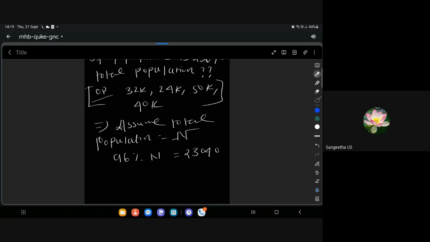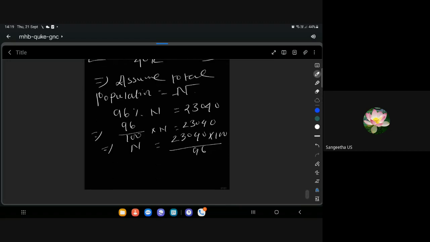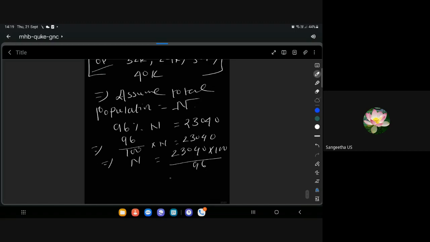This is what they have told you. So 96 by 100 into n equals 23,040. You have to find the value of n, which is 23,040 into 100 by 96. That is 24,000.